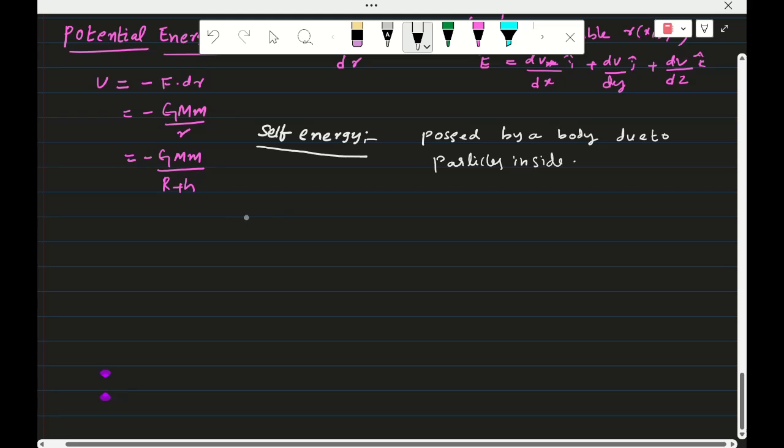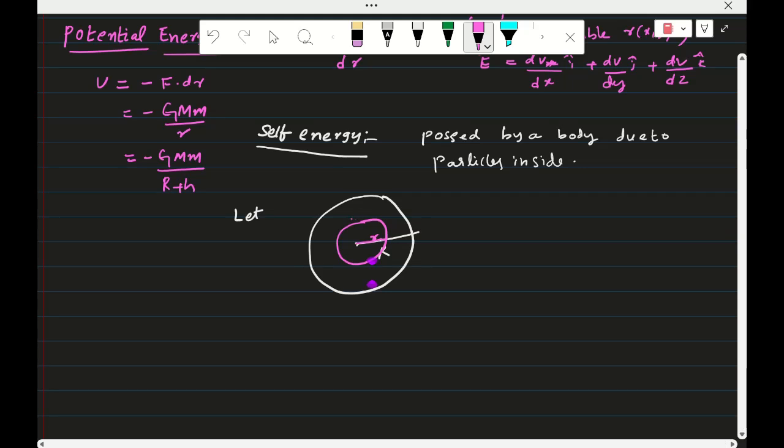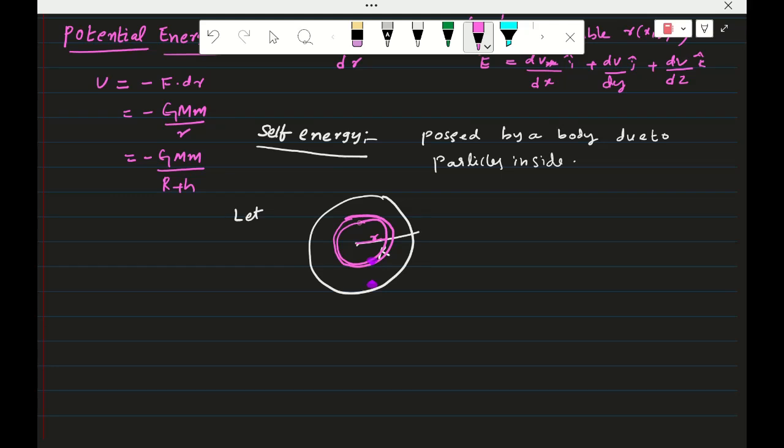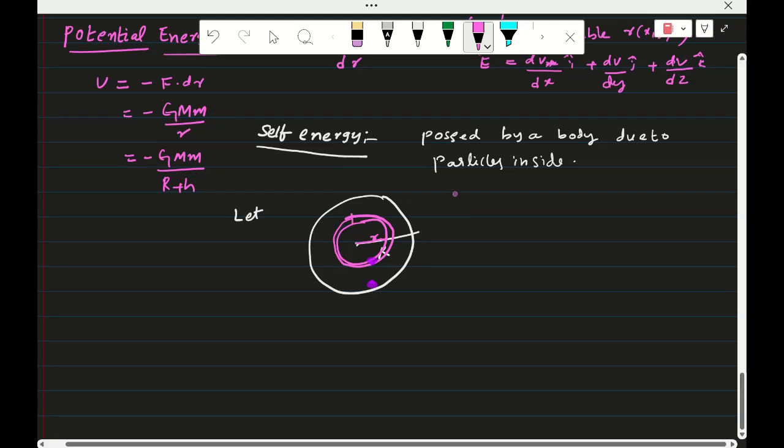So let us consider a sphere of radius r. In this sphere we consider a small shell of mass dm, with thickness dr.